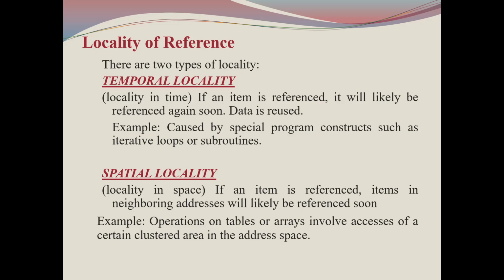It will likely be referenced again soon. This is called locality of time. That is, the data is reused. This is caused by program constructs such as iterative loops or subroutines.